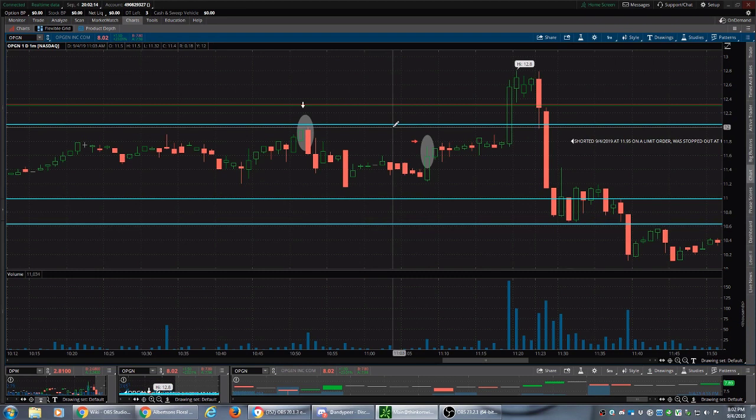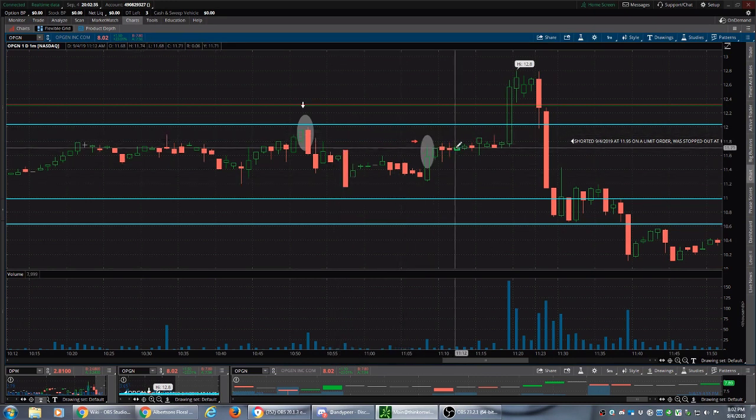So 85 cents, 85, 90 cents above where I entered. But I don't really look at it that way. I look at where it is when I place my stop, and if I can stop out before where I entered, well, that's what I'm going to do.